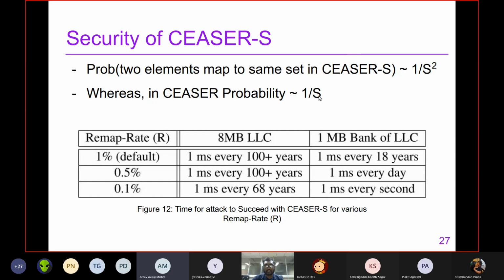So we can see that there is an order of difference here, and S is quite large for a large cache. That's why the security here is very high. And even with the group elimination attack, the authors have found that a 1% remap rate will still provide 100 plus years of time for a successful attack.